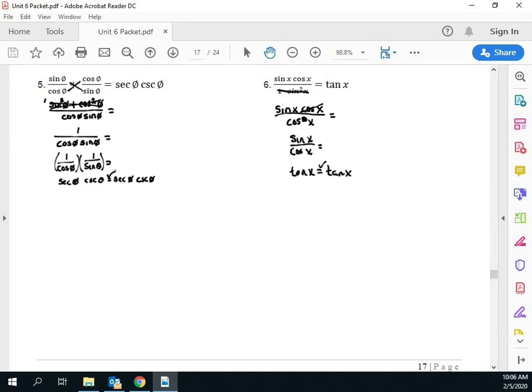Because if you go straight from here to here, you will get a question mark at -2. I don't see how sine x cosine x crossed out over cosine crossed out squared is equal to tan. You literally have to write out the identity above it and then write out what it is. Make it very easy for me to follow.